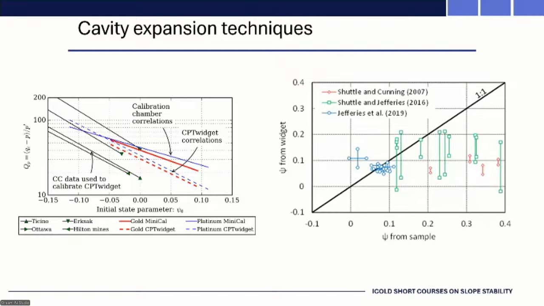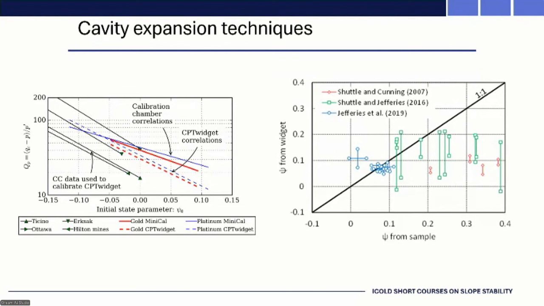We used calibration chamber data to calibrate the widget, but in fact, it needed a change. There was an offset. You can see the two dashed lines there using the widget. So that means you then need a different K and M parameter that is very much material specific.